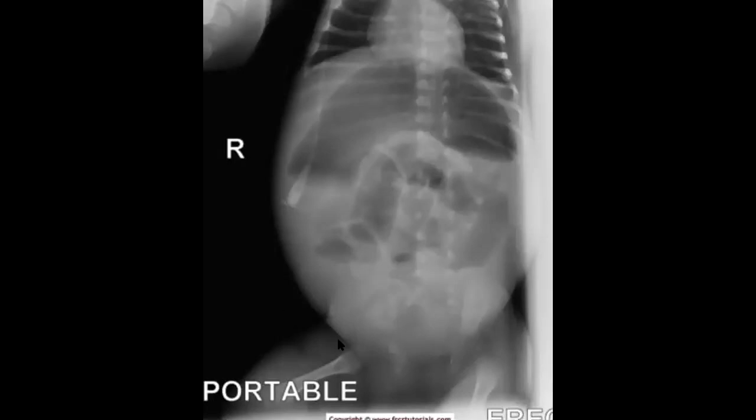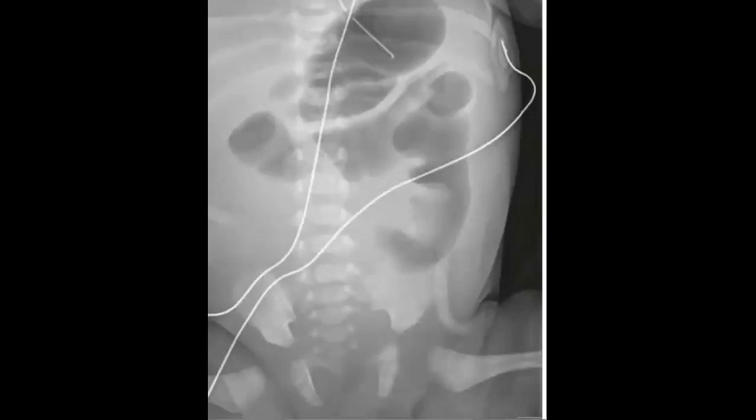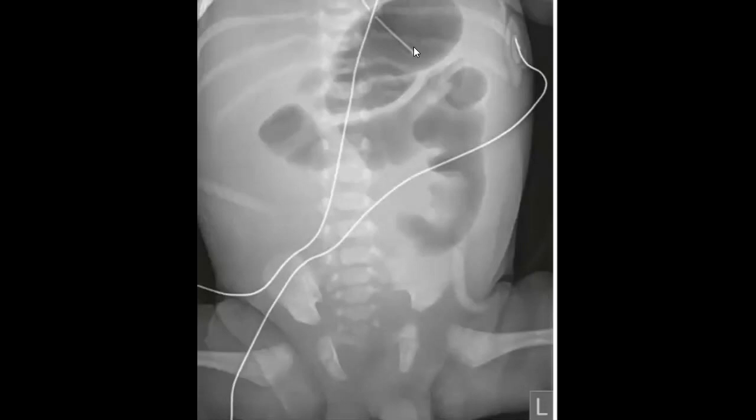Bowel dilatation. So there is bowel obstruction. Proximal bowel obstruction, jejunum along the proximal bowel, perfect.